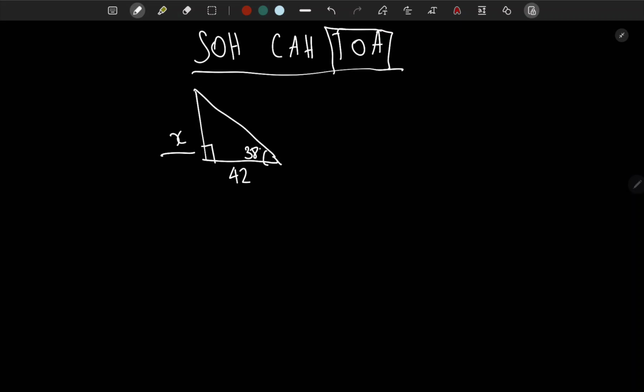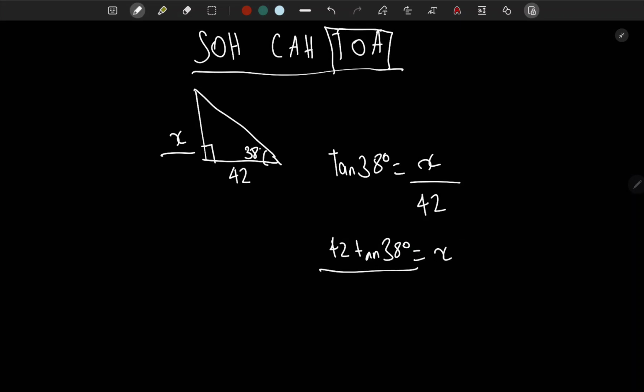So tan 38 degrees is equal to opposite, which is x, over adjacent, which is 42. Bring 42 to the other side: 42 tan 38 degrees is equal to x, and we can do this on the calculator now and we'll get the answer of 32.8.